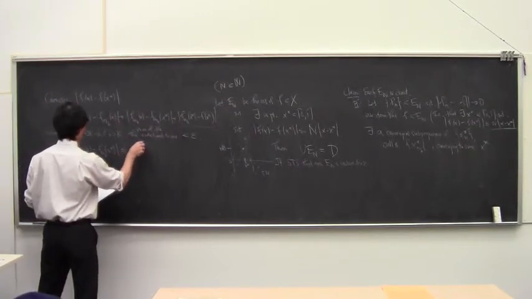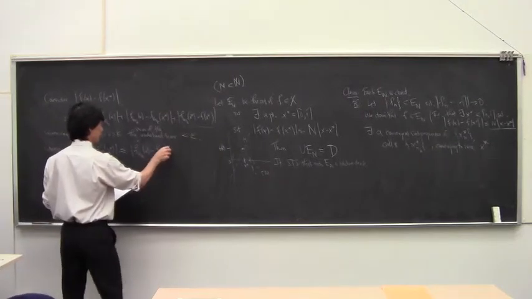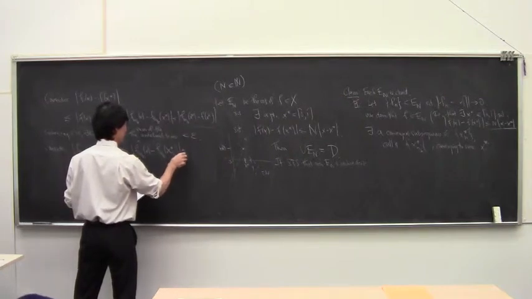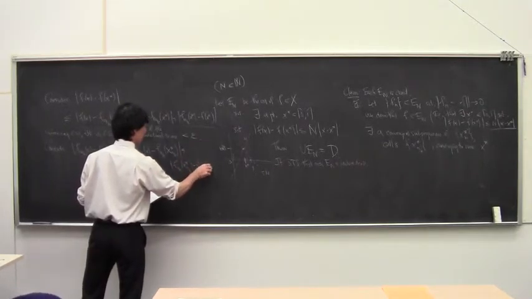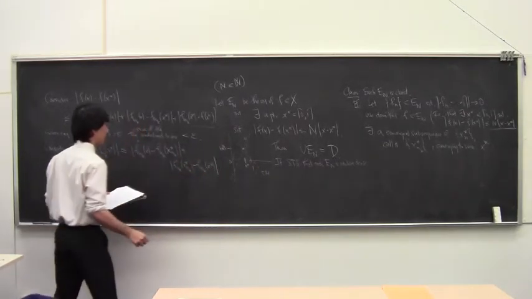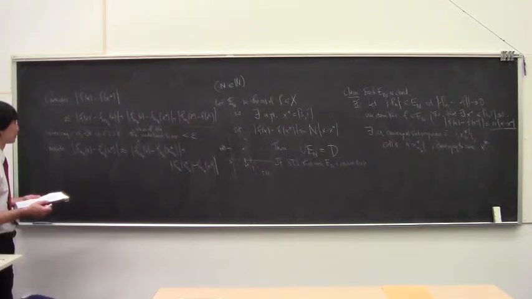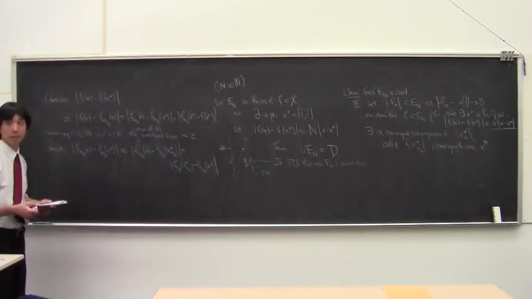Like this: f_{n_k}(x) minus f_{n_k}(x_{n_k} star) plus f_{n_k}(x_{n_k} star) minus f_{n_k}(x star).